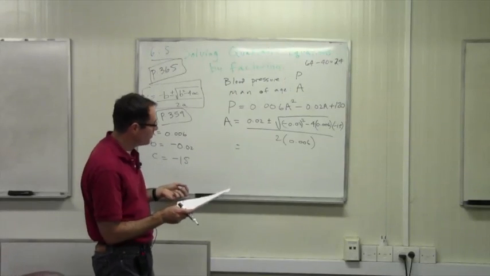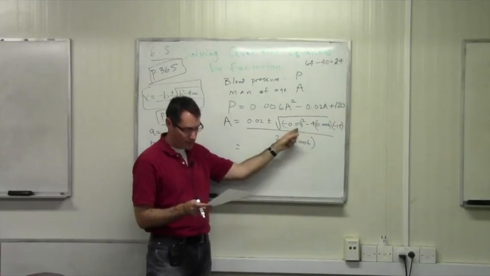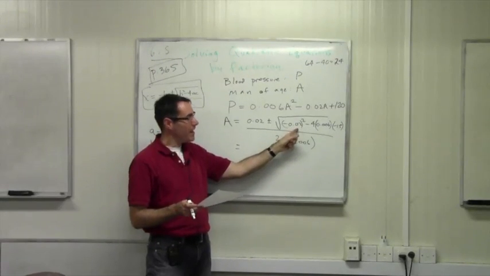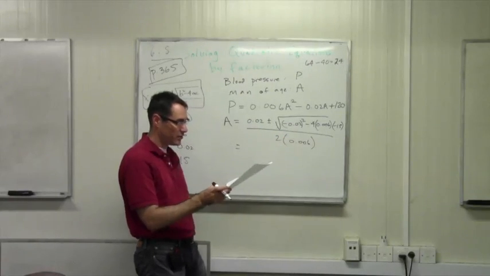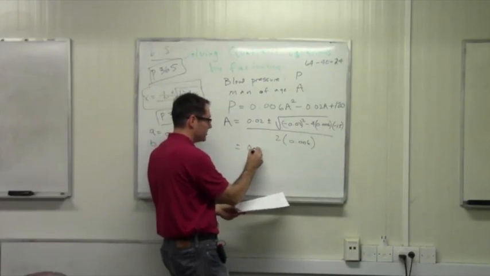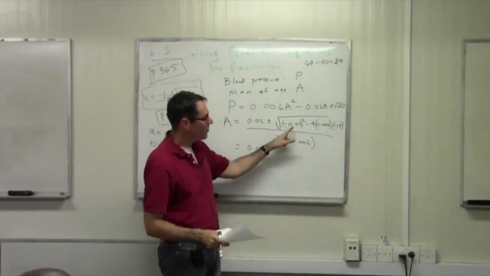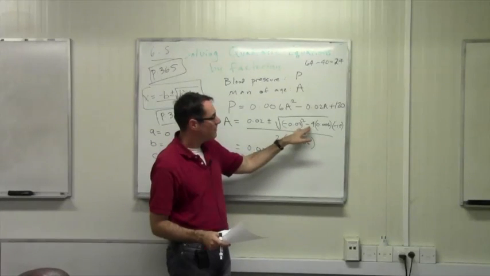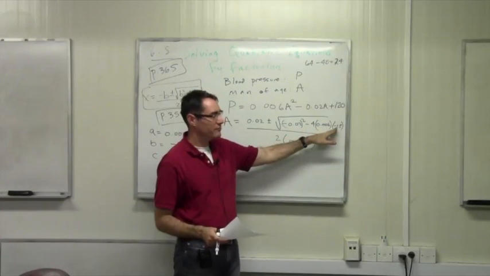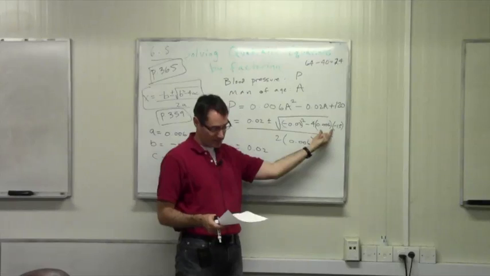What you do is you would do this all out, and you end up with, notice this is going to be a positive number minus a negative, so this is also going to be a positive number.